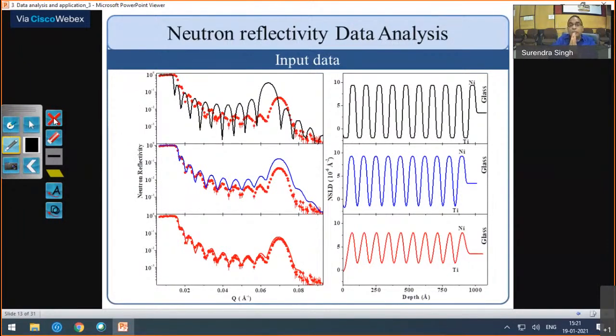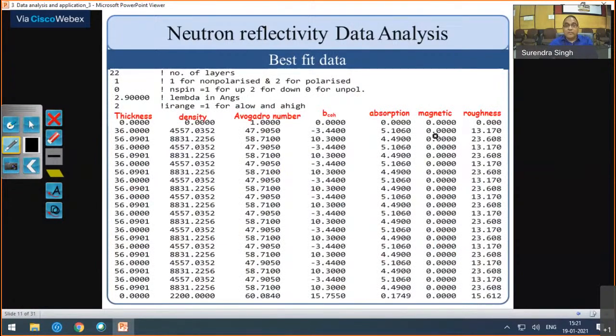If we have polarized neutrons, then we will have two reflectivity patterns, one spin up, another spin down. In the input file, for nickel we have to give the magnetic moment, also vary this during iteration, and try to fit both of them simultaneously.